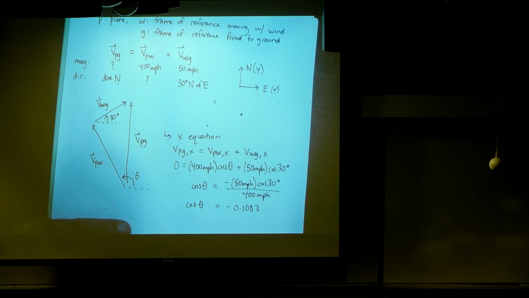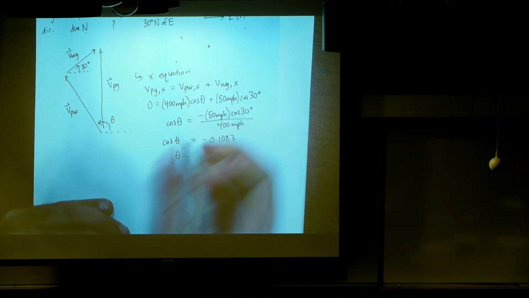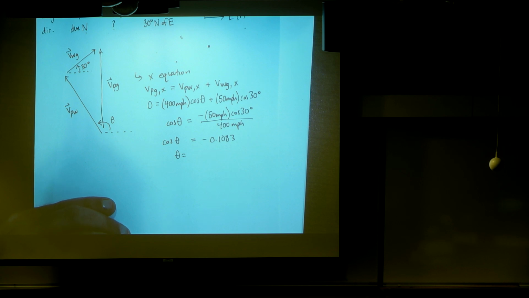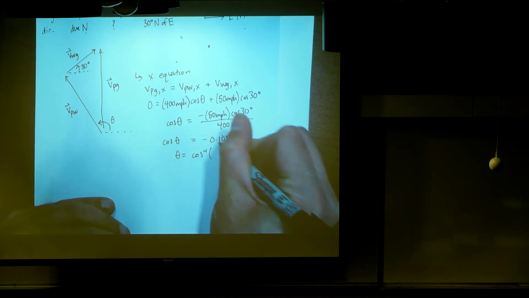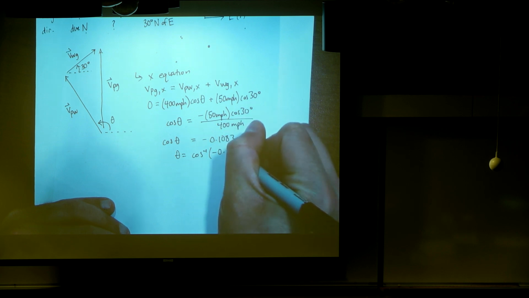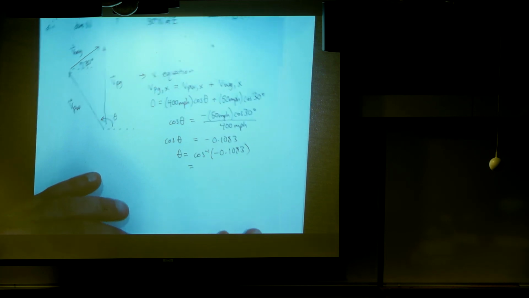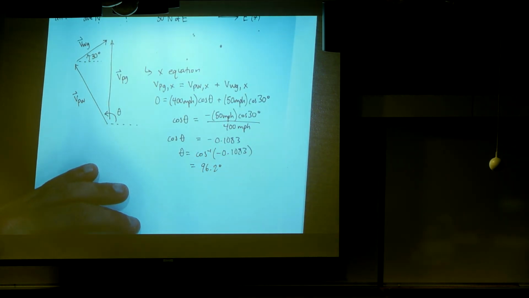So we have cosine theta is minus 0.1083. All right. If I'm trying to figure out what theta is, what do I do? Inverse cosine. Yep, just do cosine inverse of that. And what your calculator is going to report is something like 96.2 degrees.